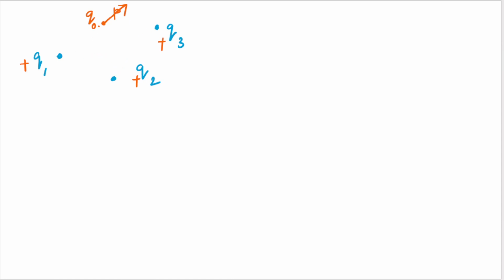Note, when I am depicting the arrow due to Q1, I am doing it independently of charges Q2 and Q3. Now let me draw the arrow corresponding to the electric field due to Q2.